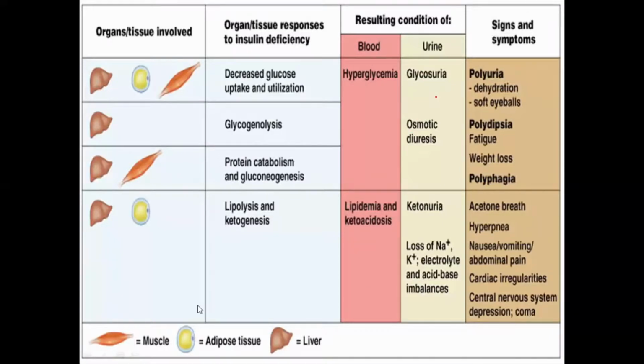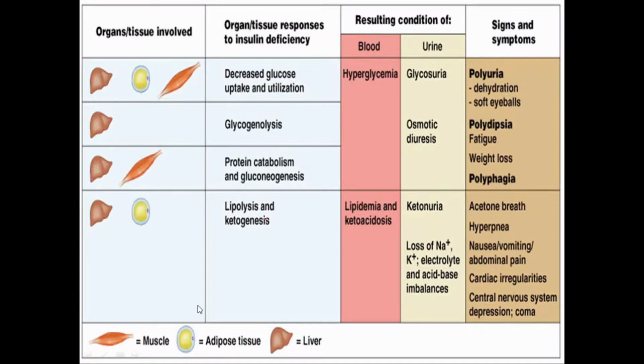So there is glycosuria and osmotic diuresis, and as a result of that, there is polyuria, then polydipsia, and polyphagia. So the 3P, polyuria, polydipsia, and polyphagia are there.